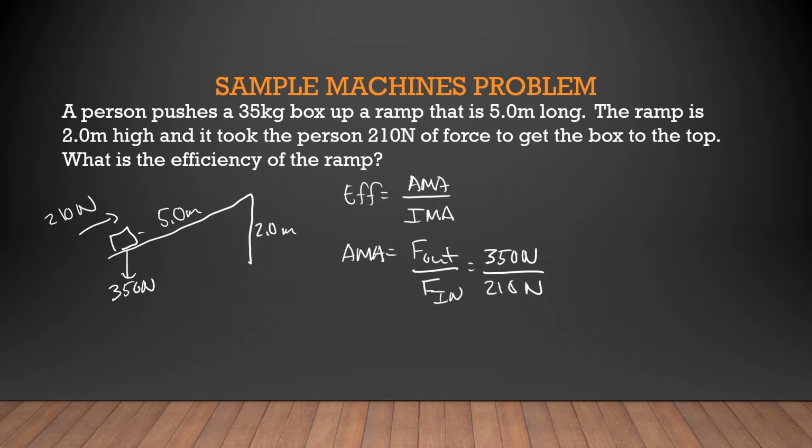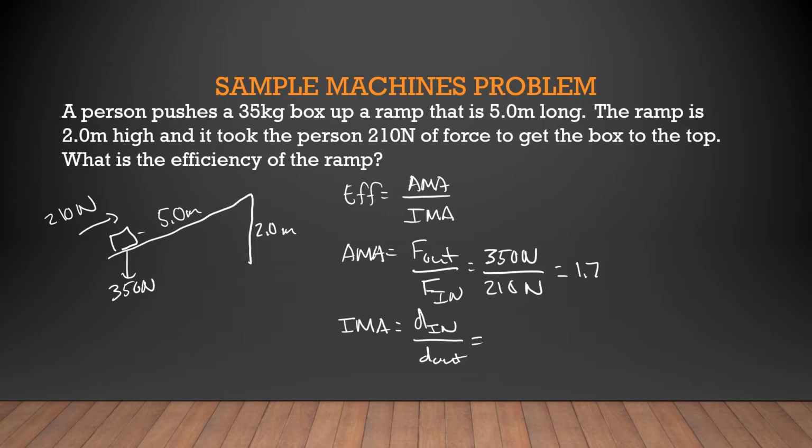So 350 divided by 210 gives us 1.7 as our AMA. The IMA is going to be the ratio of the distances, so D in over D out.